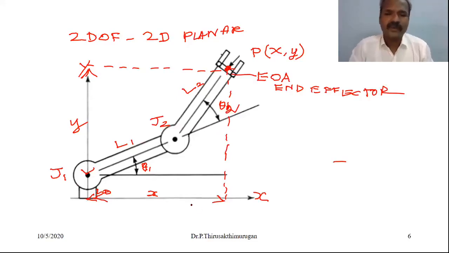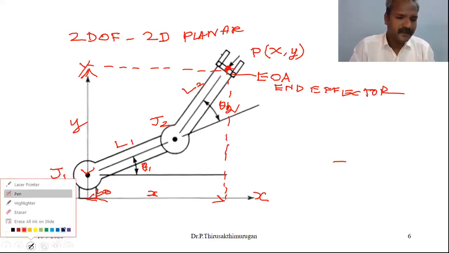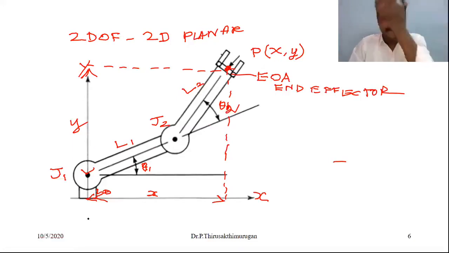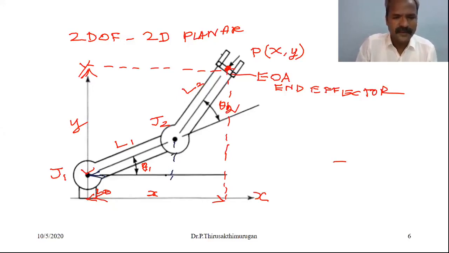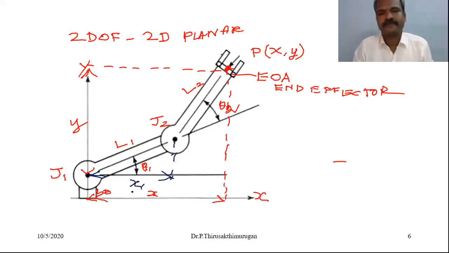Okay. So we are going to determine the x and y parameters from the given theta 1 and theta 2. Okay, we are going to determine x and y parameters from L1, L2 and theta 1, theta 2. That is called forward kinematics. So I am going to split this into other parameters. From this joint to this end, the second joint, I am taking it as x1.